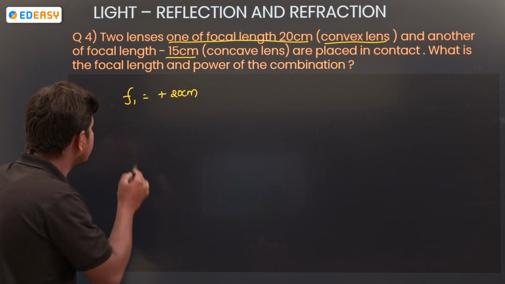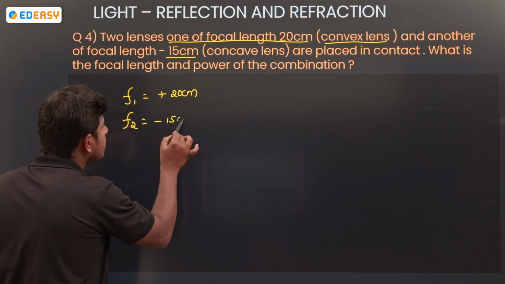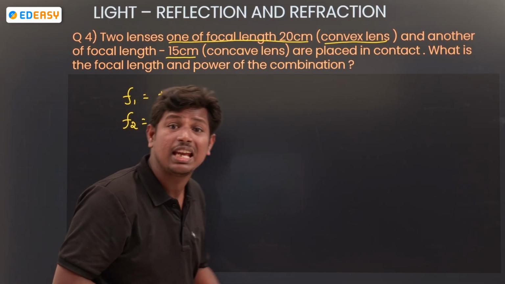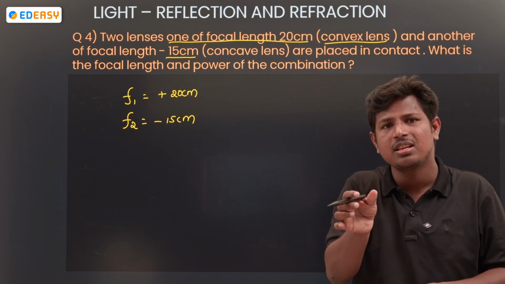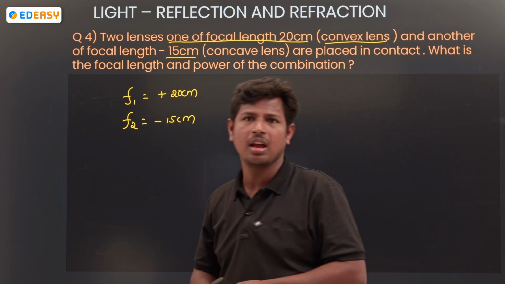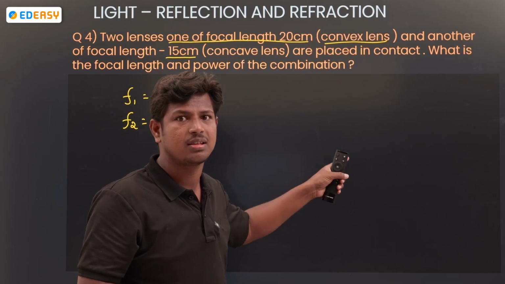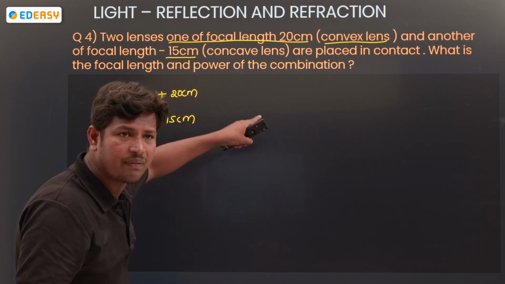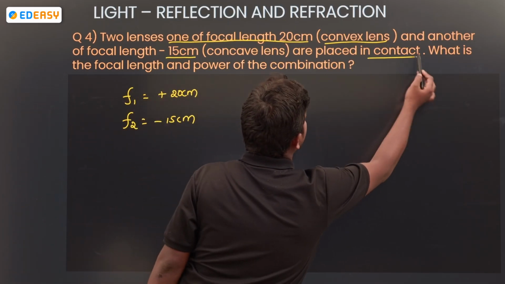F2 is minus 15 centimeter. F1 is plus 20, that is the convex lens, and the other is the concave lens.